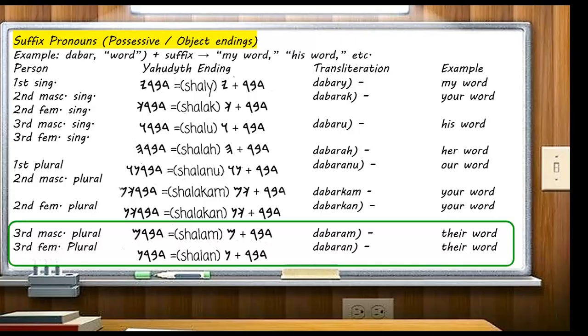When we combine dabar plus the mum from shalam, or dabar plus the noon or nan from shalan, we get dabaram, masculine plural, their word, and dabaran, feminine plural, their word. So this is how we combine the possessive pronouns to particular words.